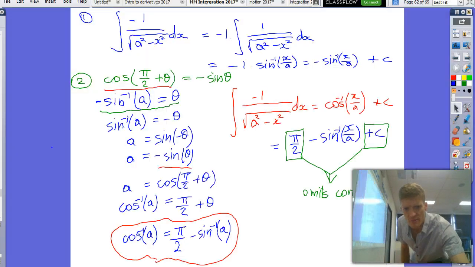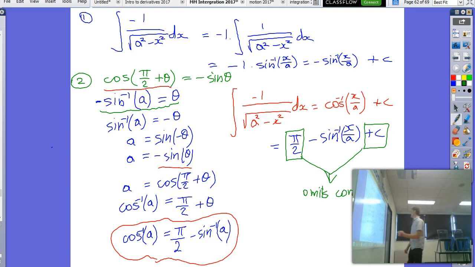And that's okay if we were looking for a particular solution and we had to solve for, say, c if we knew a point. That's okay. Or we're solving a definite integral and evaluating that function at different points. Then the plus c, the constant, isn't going to contribute in our calculation. So from that, the CAS is just going to return to us the negative inverse sine of x on A without any constants.